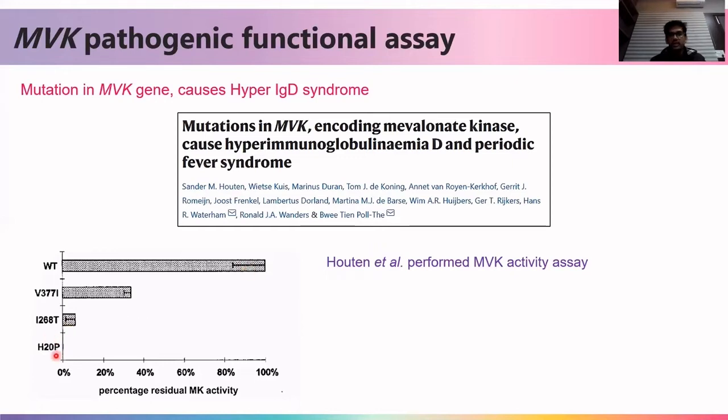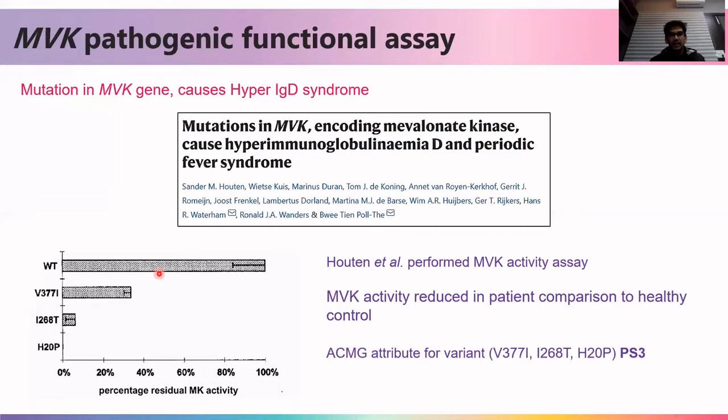For H20P, no activity has been seen whatsoever. So in all three mutations in the MVK gene, there is a significant reduction. So for all three mutations, you can mark it as PS3.